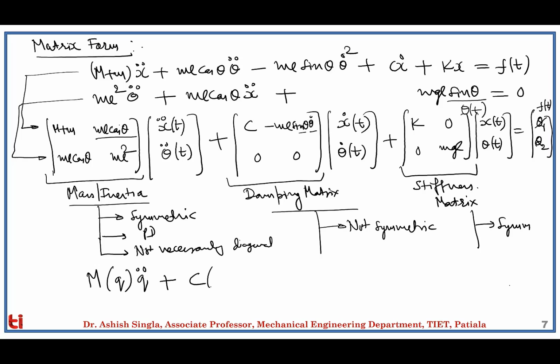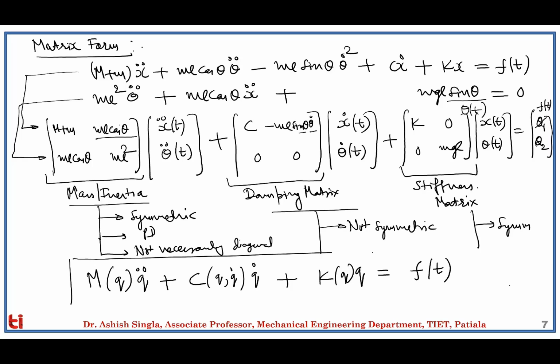So the functional dependence of C is q and q̇, and this K depends upon theta and x position variables. So we have K(q) q, so that should be equal to f(t). So this is the dynamic model representation in the most general form.